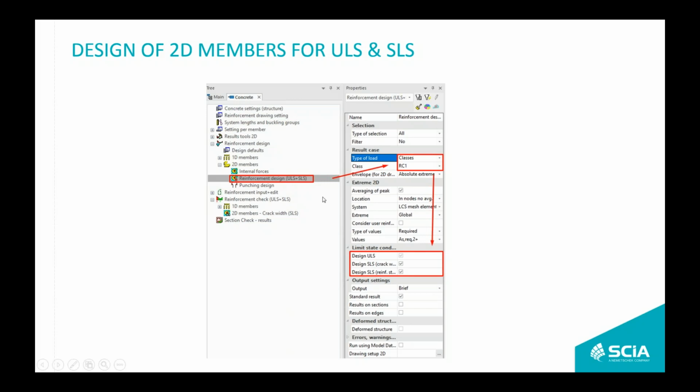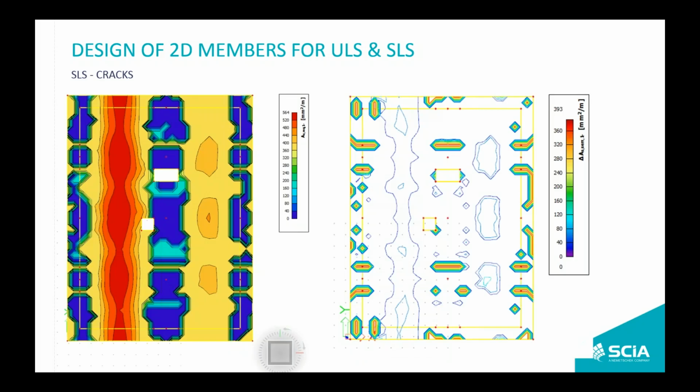So for each check, the correct combination is provided in the class. How does this look if you have a look at the design of cracks together with the ULS check?